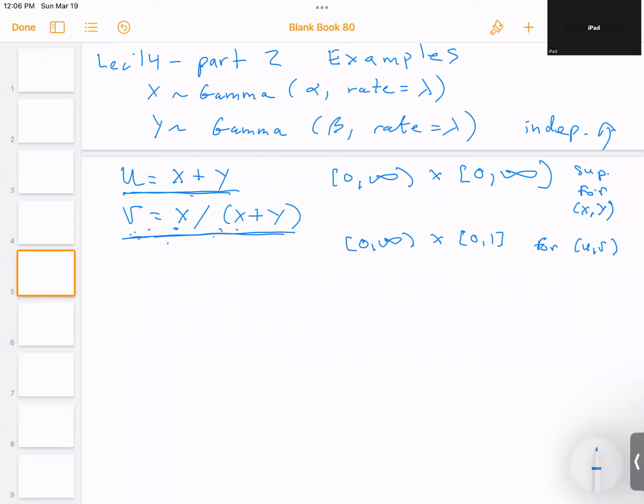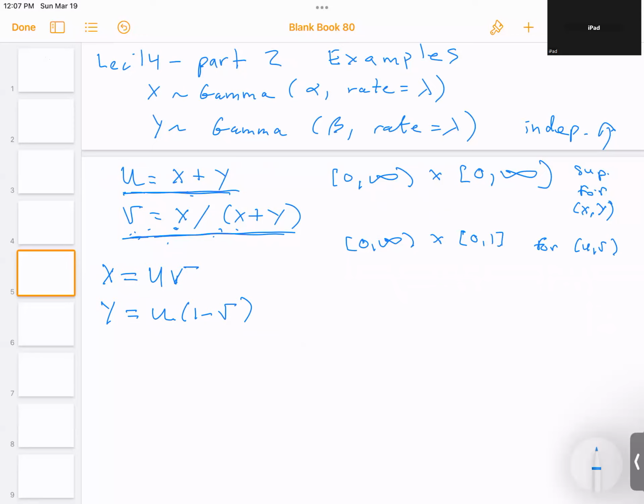These are my h equations that get me from uv back to x and y. And then y is u minus x, so y is u minus uv, so that's u times 1 minus v. I thought about this a little before I did it, so maybe you don't see it right away, but you can get this. And v is between 0 and 1, and u is non-negative.